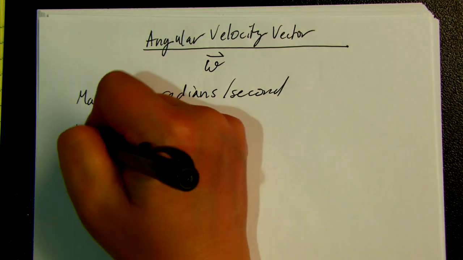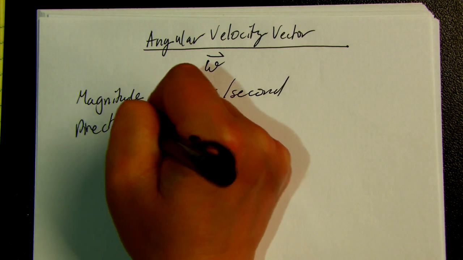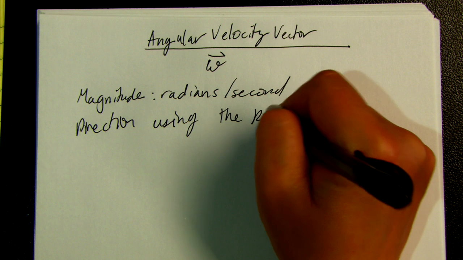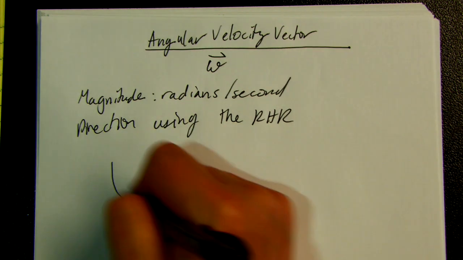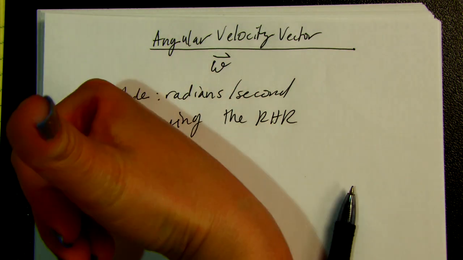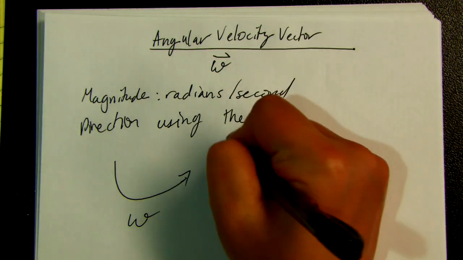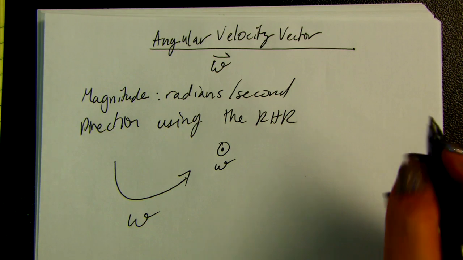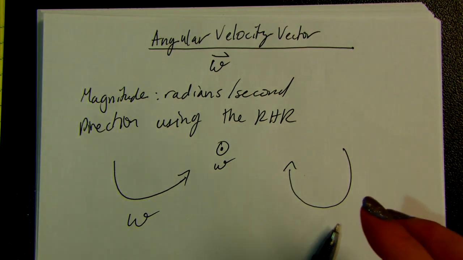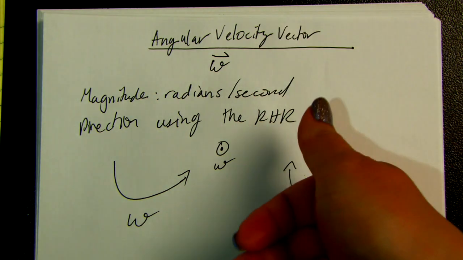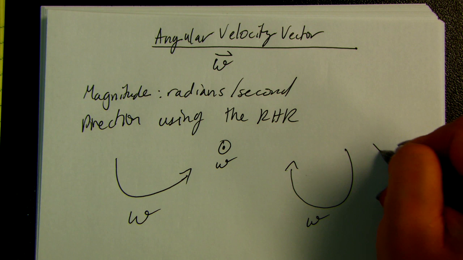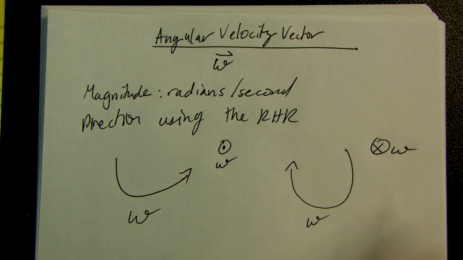And you determine direction using the right-hand rule. So spinning in this direction, you have omega out of the page. Spinning in this direction, you've got omega into the page.